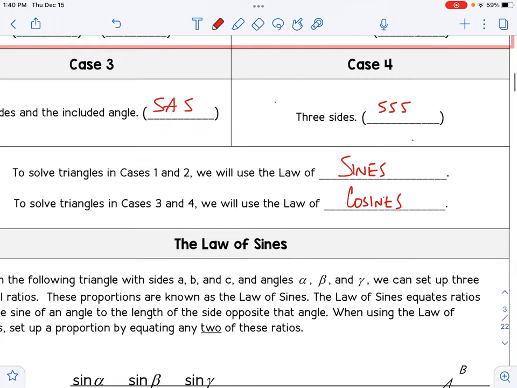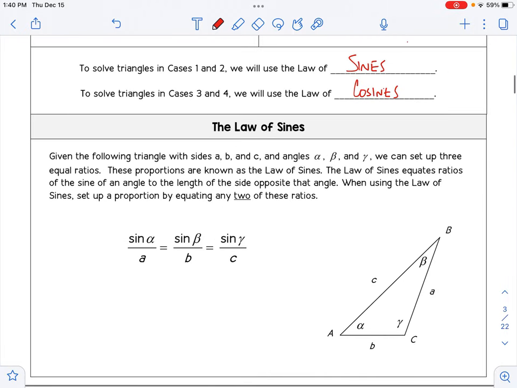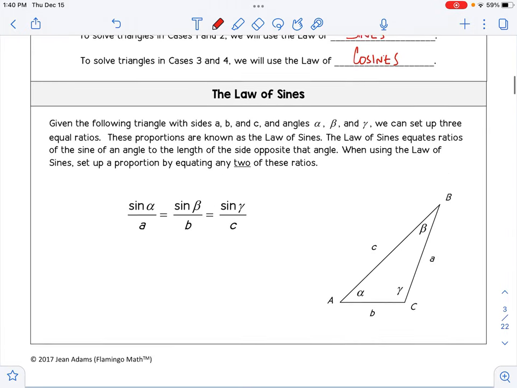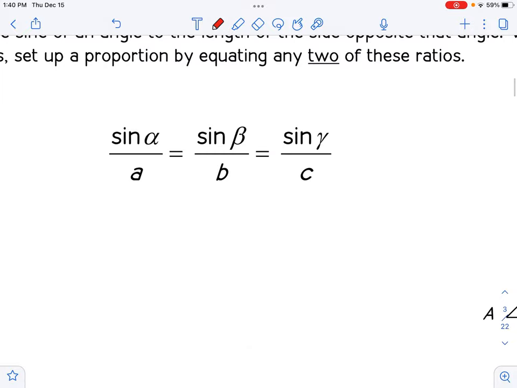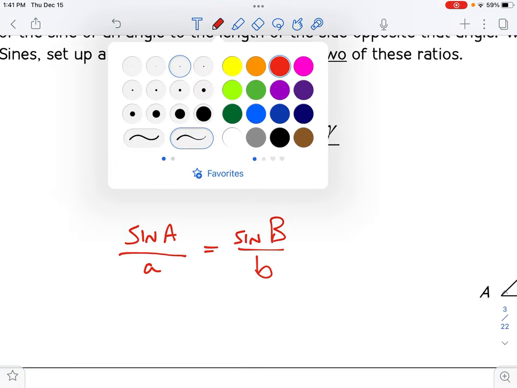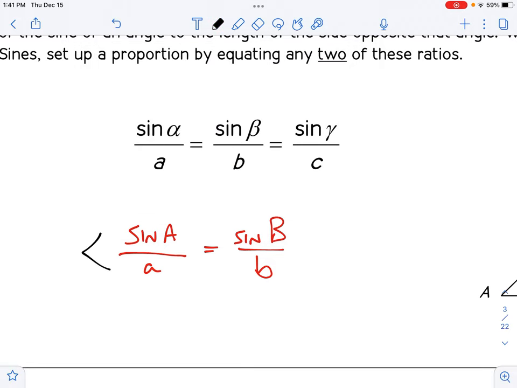So let's take a look at what law of sines is by definition. Typically the way we're going to see this is the sine of, say, angle A over side A equal to the sine of angle B over side B. It doesn't matter what the angles and sides are. We can label it ABC, CAT, DOG, it doesn't matter. It's all about having an angle and side pair, so we must have an angle side pair.